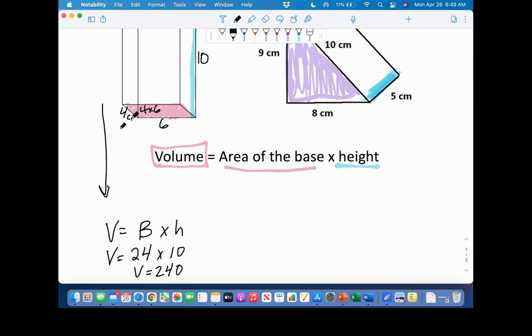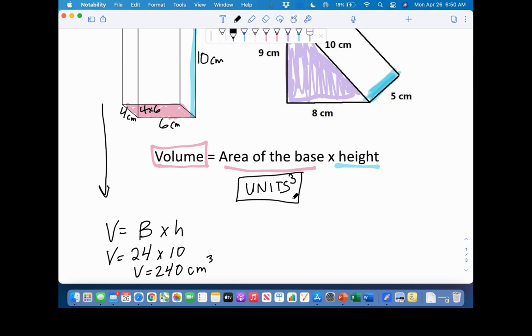So let's say that these are all centimeters. This would be centimeters cubed. So our units are cubed. And that is one of the questions in the Big Ideas math. Units are cubed because it's 3 dimensions, right?